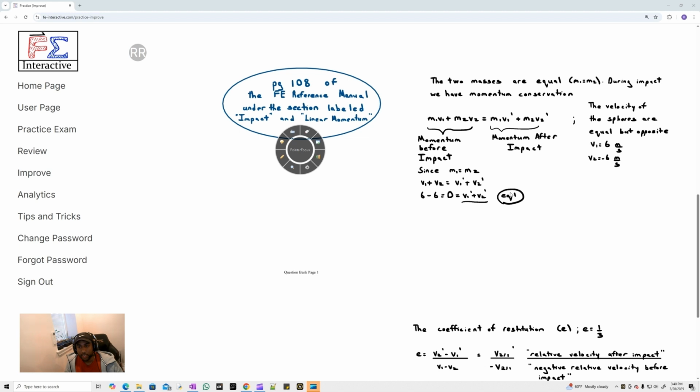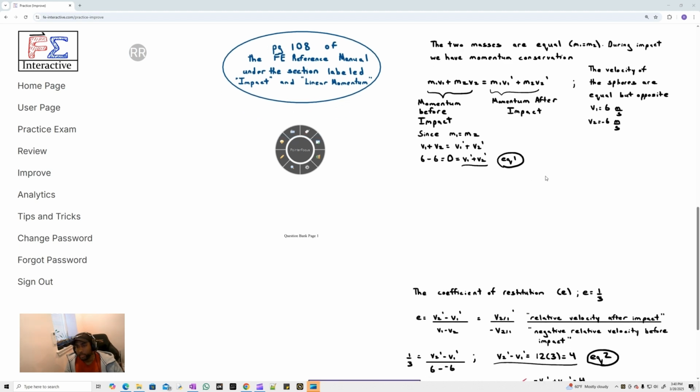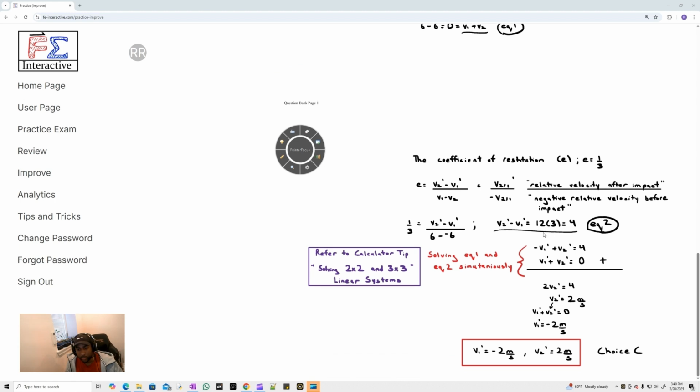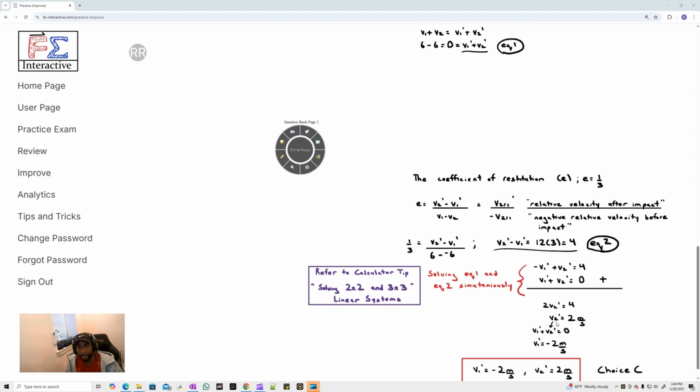So the momentum remained conserved. And from that, we got this first equation here, where the sum of the two velocities after impact was equal to 0. We also had a second equation from that restitution coefficient, which was the second equation now here. Solving those system of equations simultaneously, we were able to find that choice C was the correct answer.